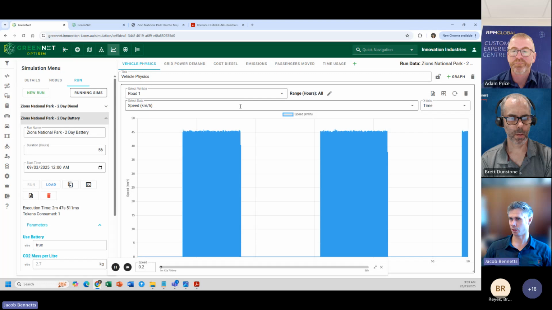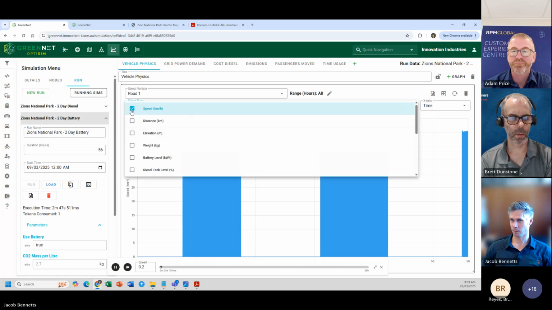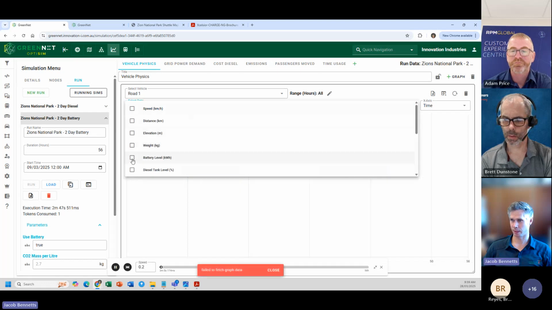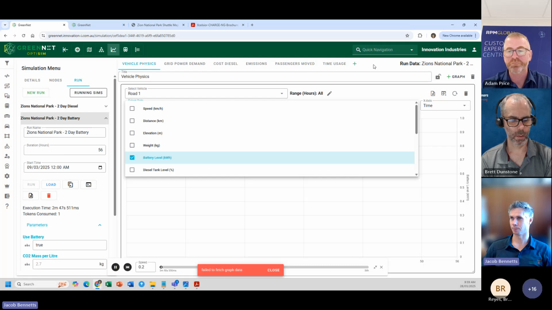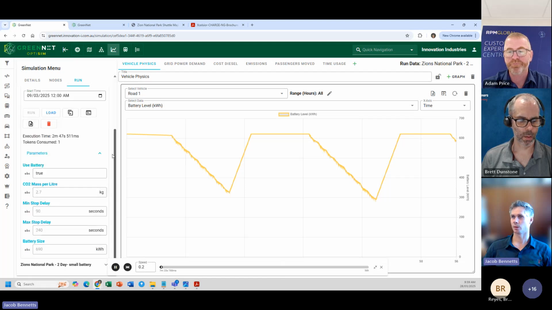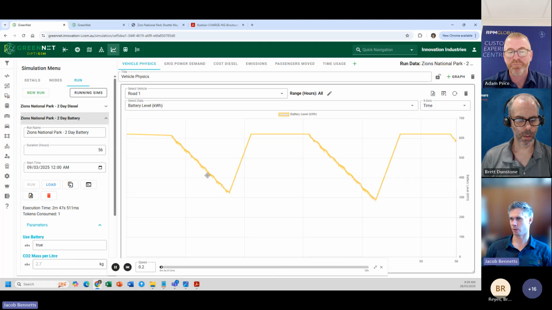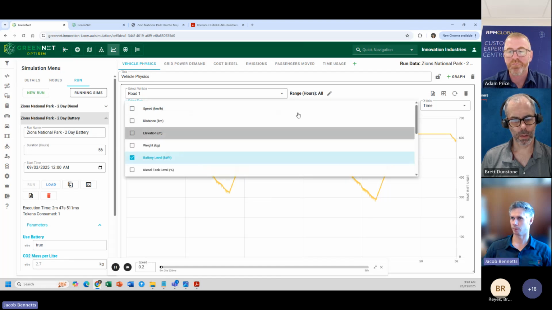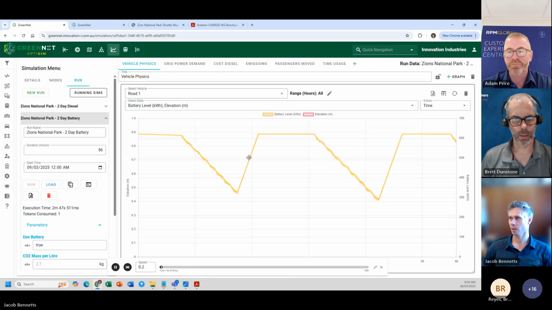What we're mainly interested in is the battery. If we look at the battery, this is the charge. We put in a 600 kilowatt-hour battery, or a bit over, I think 690, which was the biggest that they had on offer, and we saw that the battery dipped like that. You can overlay the elevation that was going on as well.